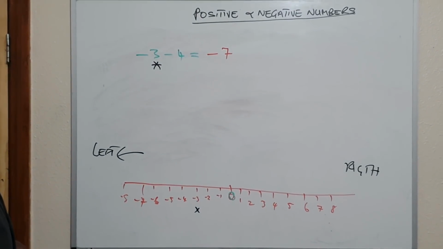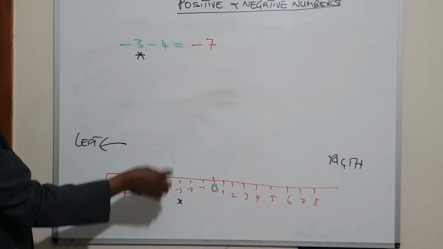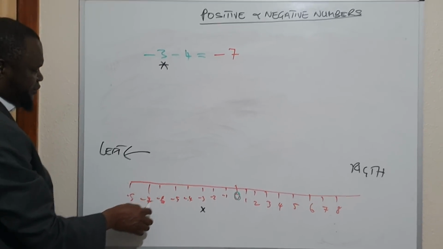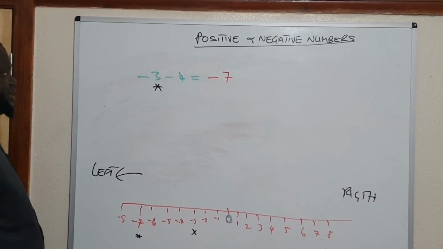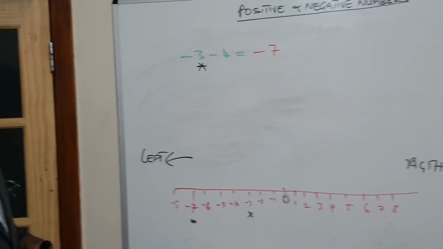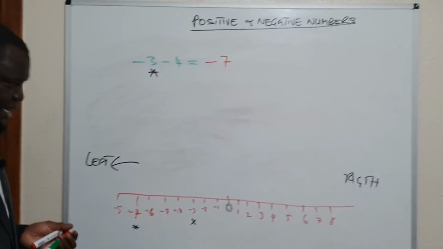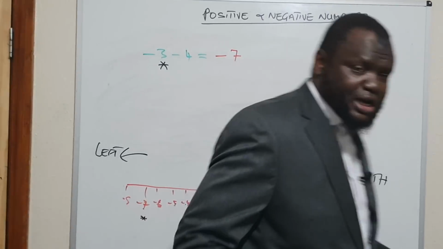You see? So minus 3, we identify where we start. We move 4 backward. 1, 2, 3, 4. Our answer is minus 7. That's how you use the number line. So it's not difficult at all.